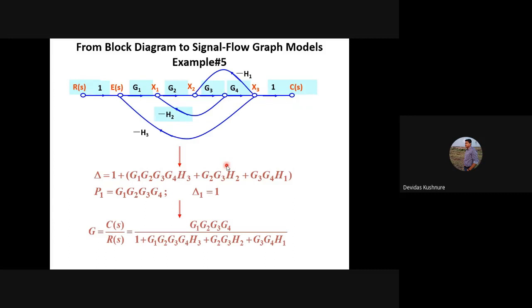In a procedural way, you can find out the forward paths, expand the formula, then find out single non-touching, 2 non-touching, and 3 non-touching loops, and so on, and find out delta, delta 1, delta 2, that is called delta i. Put it in the formula and just check whether your answer is matching with the options or not. That we do generally, right? But if we want to reach the solution quickly, we have to do reverse engineering.